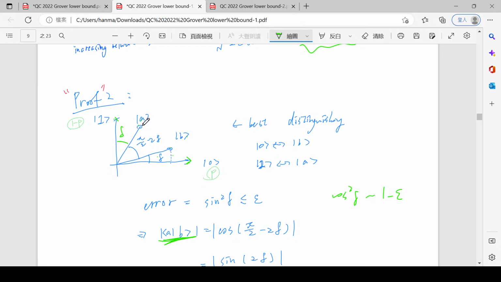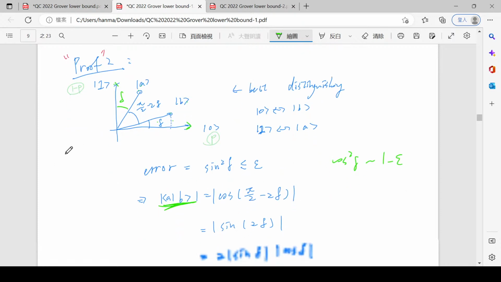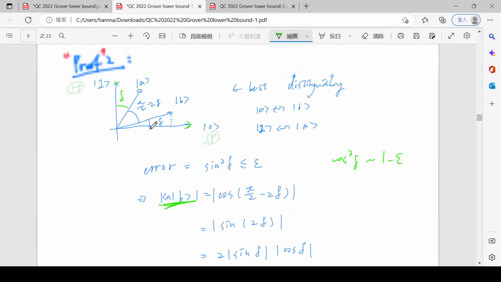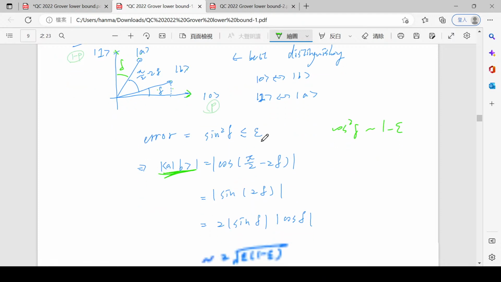But anyway, we only think about this 2-dimensional space because intuitively other dimensions should not matter. So in 2 dimensions, you try to distinguish those 2 vectors. And the best way is probably this 0 and 1, which corresponds to P and 1 minus P, like this way. Then you do trigonometry and you find out that you place things like that.